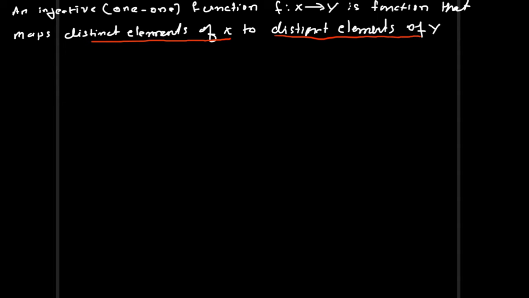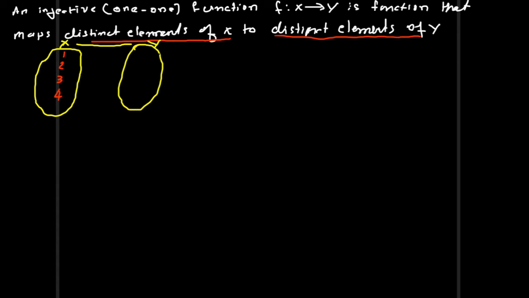Okay, so we can consider two sets like this. Suppose this is set X, and this is set Y, and here is a mapping. Then you can take the elements 1, 2, 3, 4 here, and A, B, C, D, E here.